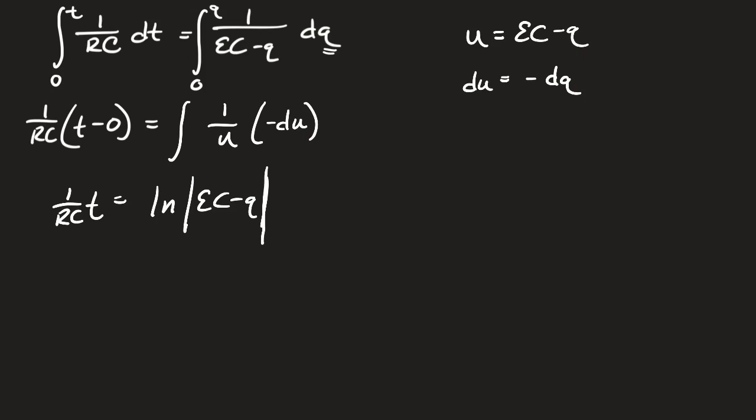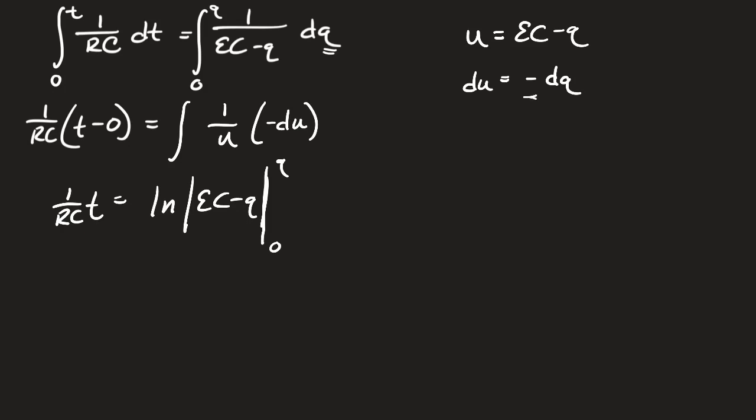It's a natural log, but it's of the absolute value. And calculus folks are all super cynical about their absolute value. We know this has got to be greater than 1, but calculus folks are always worried that it's not going to be. So that's why we've got those absolute value bars. But I still need to put my limits out there. That's going to go from 0 to Q. And so there we go.